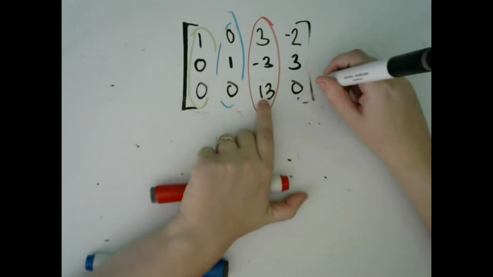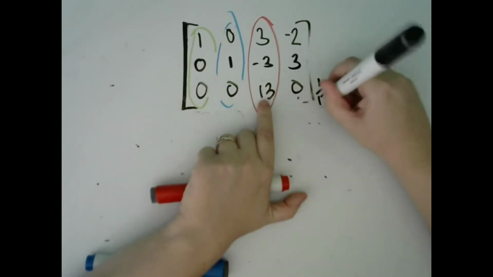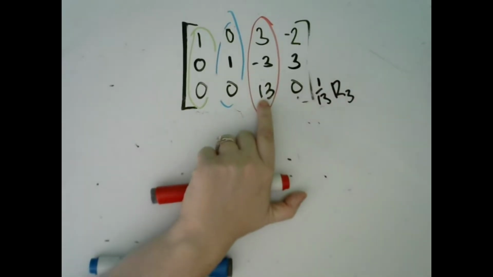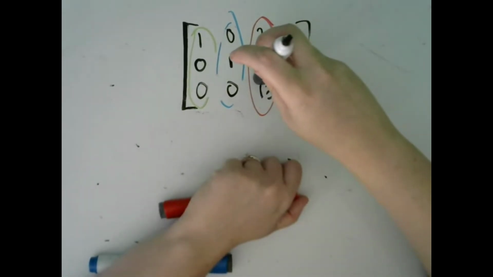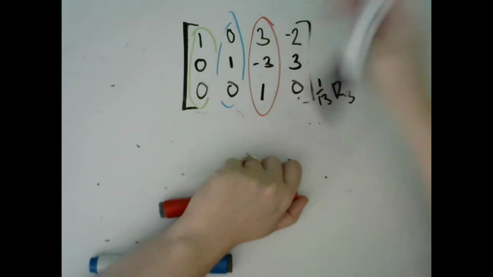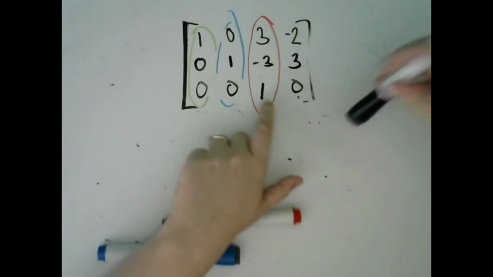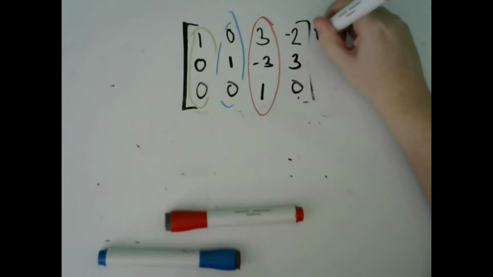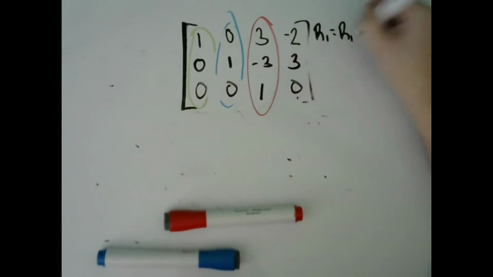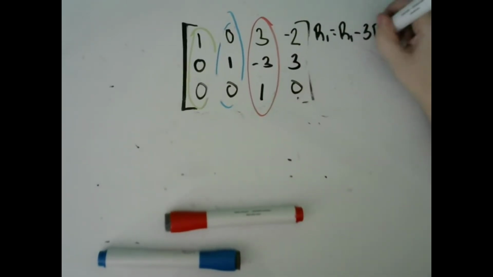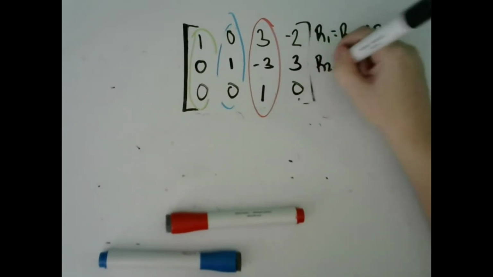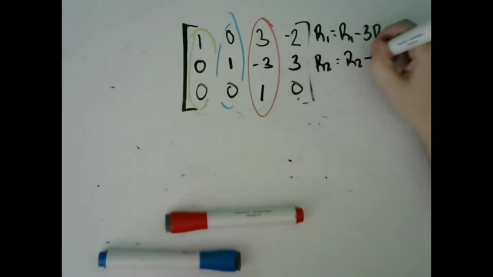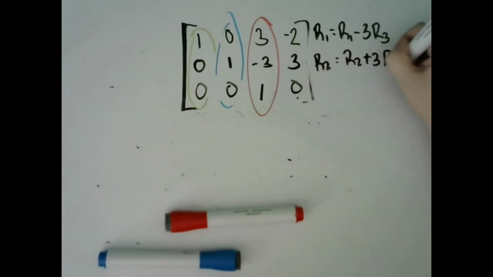Well, the first thing I need to do is take 1/13 row 3. This 13 can reduce down to a 1, and now I can use this 1 to eliminate the 3's in the other rows by doing row 1 equals row 1 minus 3 row 3, and row 2 equals row 2 plus 3 row 3.